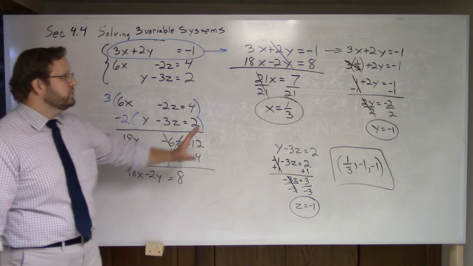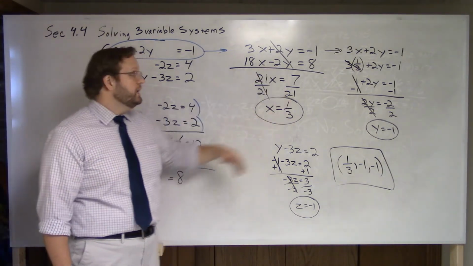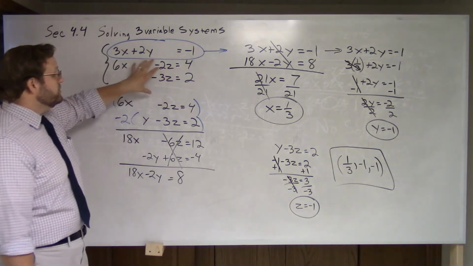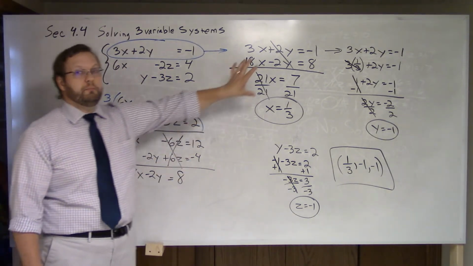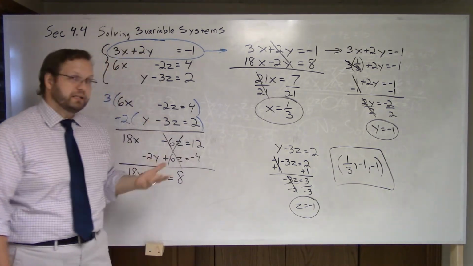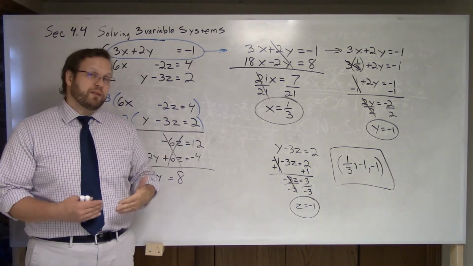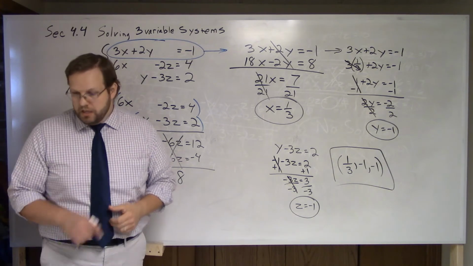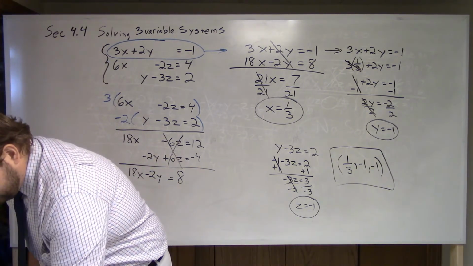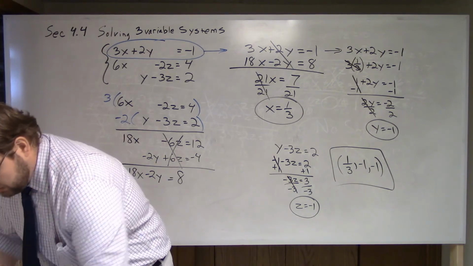Break it down into a 2 variable system and solve. Here, I'm going to keep one of the equations, then use the other 2 to create a new one that matches it. Okay? So same basic concept, but this requires a little less work because we're kind of halfway there when we have all those gaps. So let's look at a couple more.